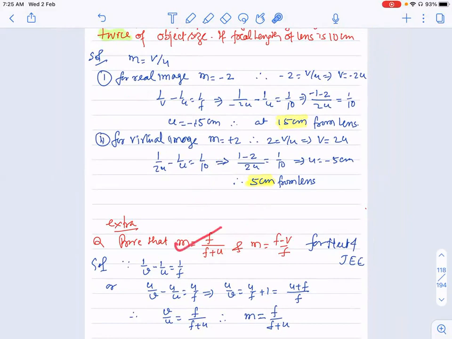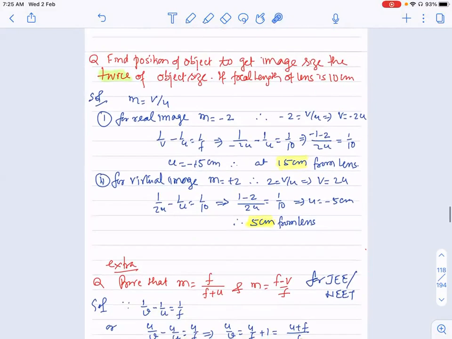But this is not the standard formula. This can be used for NEET and JEE. ठीक है. You have to solve it like this in your board examination to get the full marks.